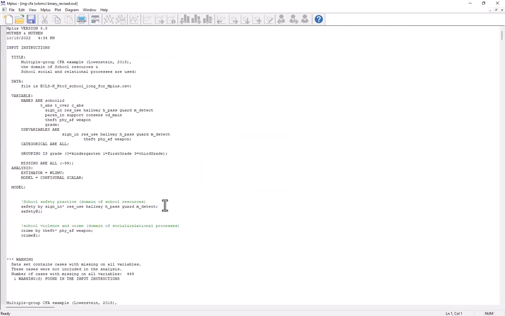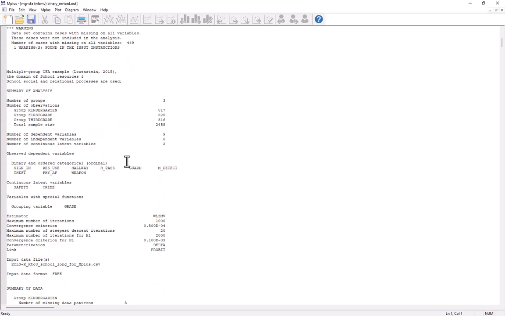Here I'm running Mplus 8.8, and I'll scroll down. These are the sample sizes for each group, so it's fitting a multiple group confirmatory factor analysis.